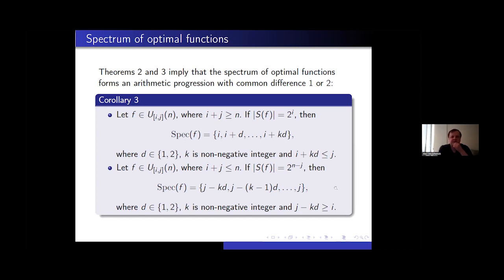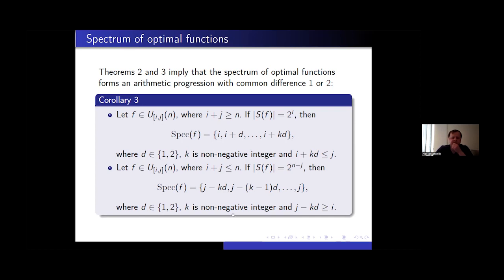In the second case, we have that the spectrum of f is an arithmetic progression j minus kd, j minus (k minus 1)d, and so on, j, such that d is 1 or 2, k is a non-negative integer, and j minus kd is greater than or equal to i.